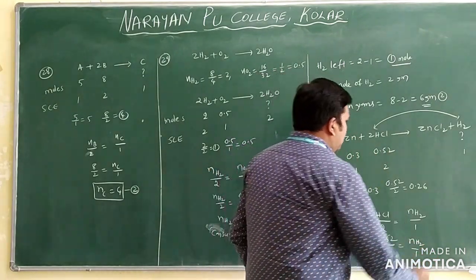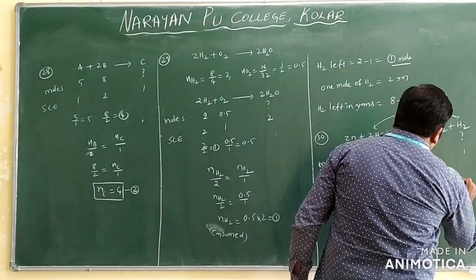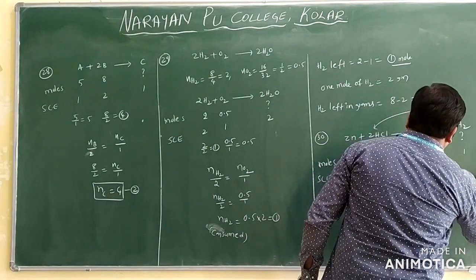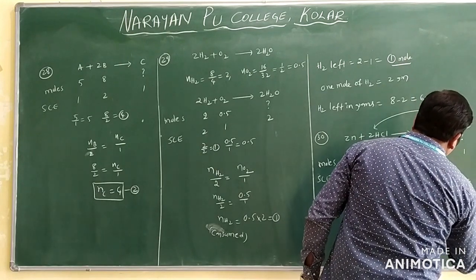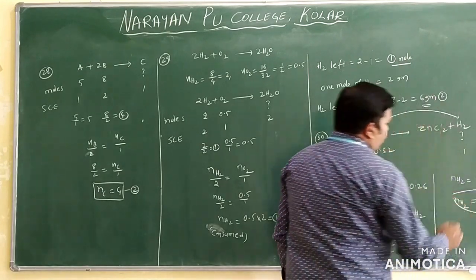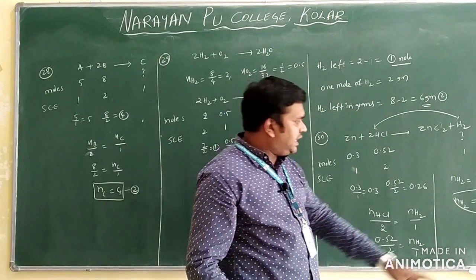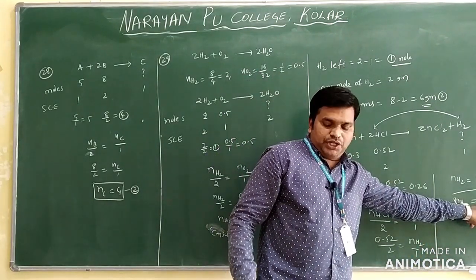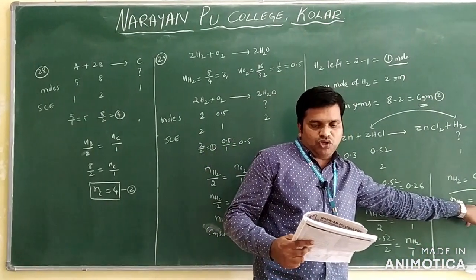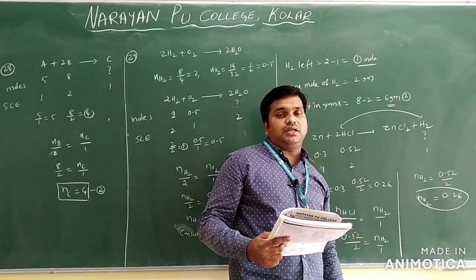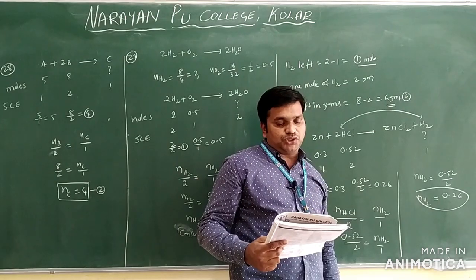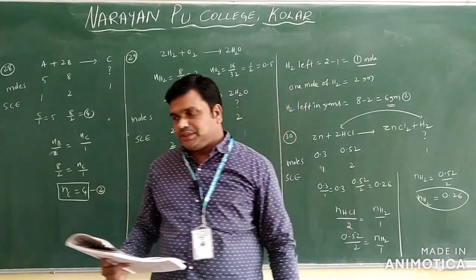So number of moles of H2 is equal to 0.52 by 2, that is 0.26 moles only. How many moles of H2 can be produced in the reaction? 0.26 moles only. So this is question number 30.